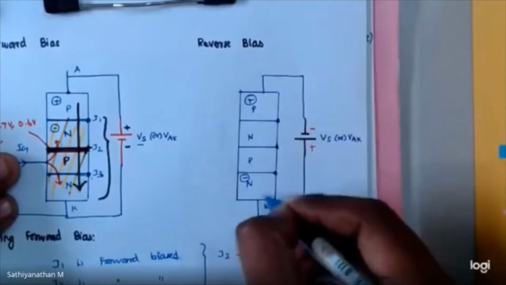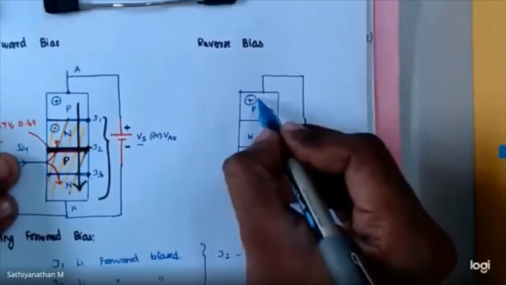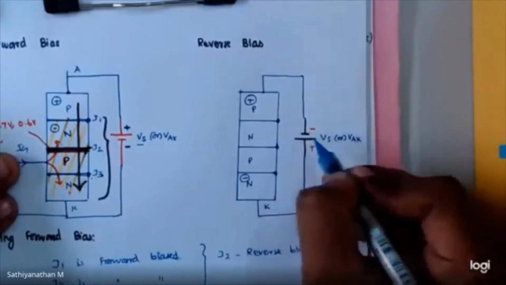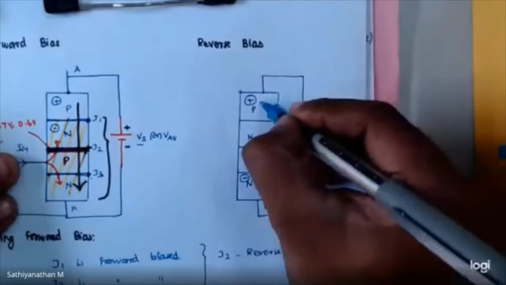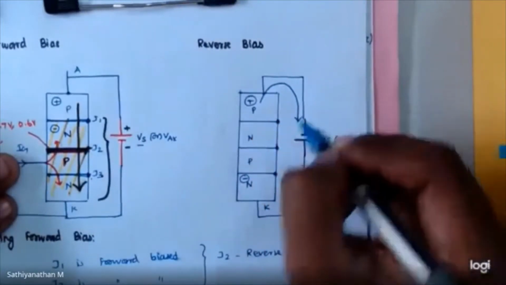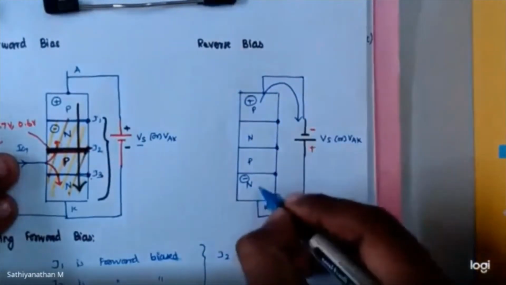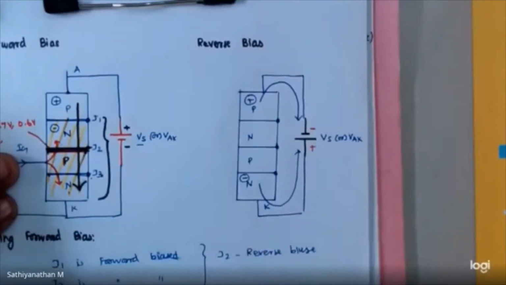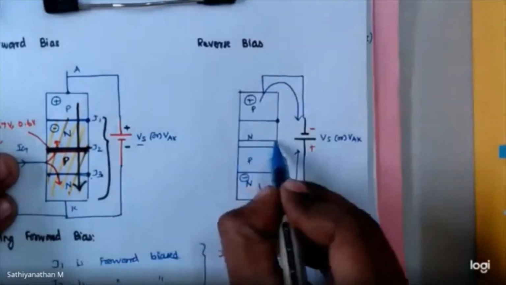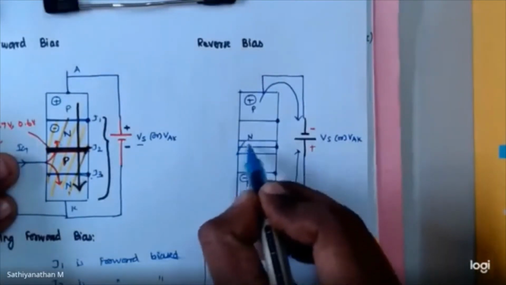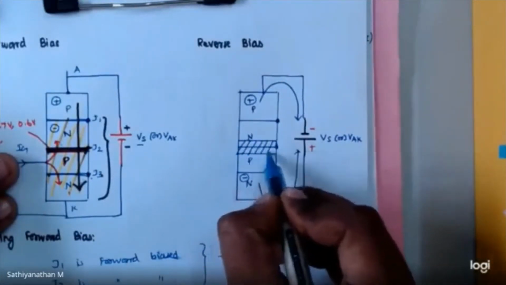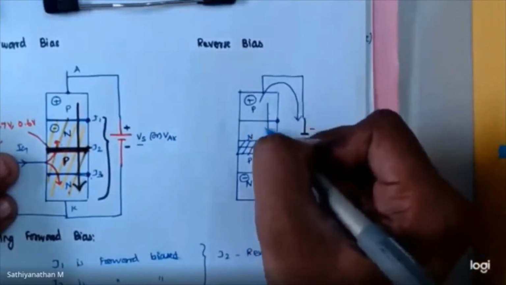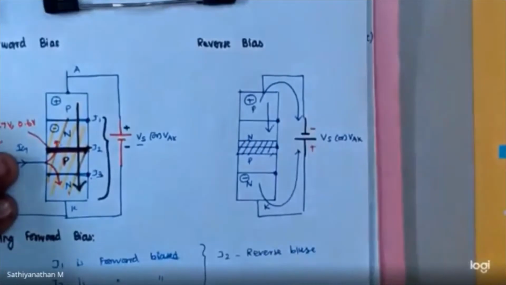All three layers are filled up with electrons. This layer has excess holes, right? And the negative terminal of the supply will attract excess holes, and these electrons are attracted by the holes of your supply. So it will increase the junction width, so it will block the flow of current in the SCR.